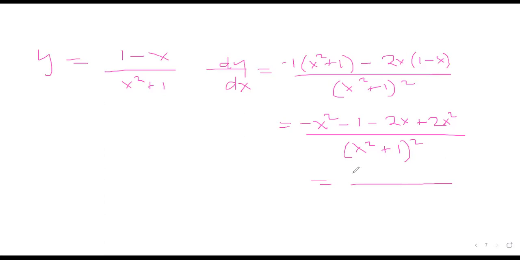So minus x squared plus x squared is what? It's plus x squared. This -1 minus 2x will remain as it is. Yes, that's how it remains like that. Interesting, isn't it?